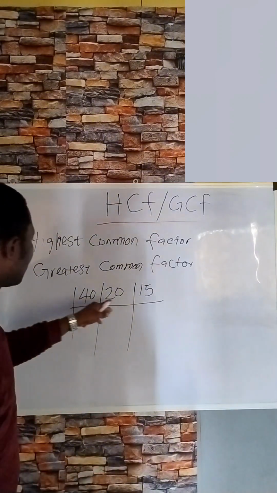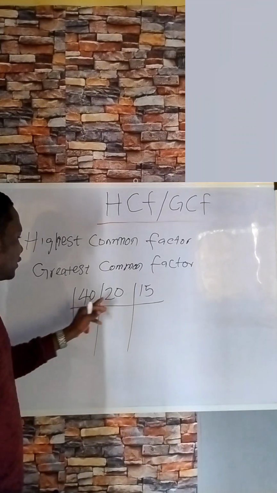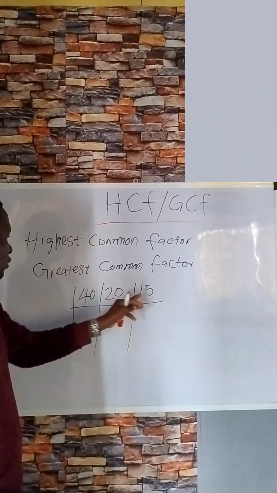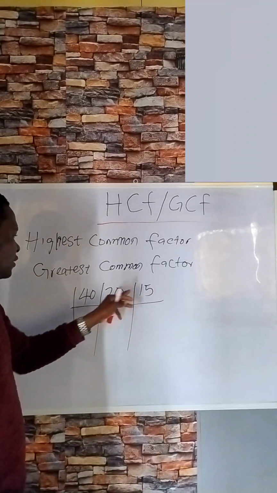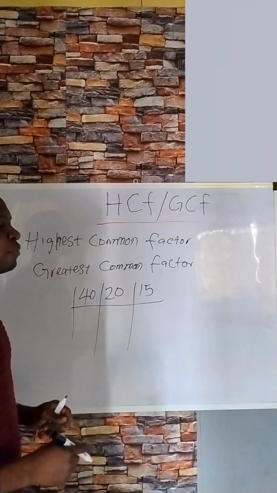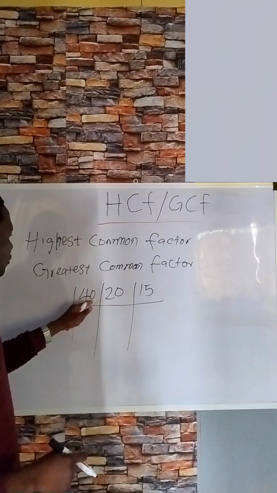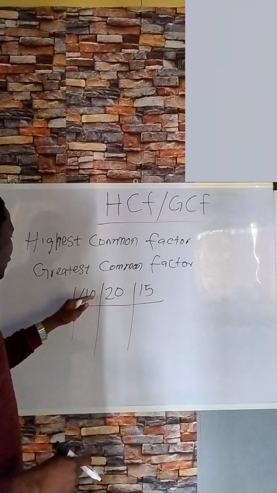So, what I will do here is check what number can divide. What is the number that can divide this without remainder? Just think of any number. 10 cannot go without the remainder.